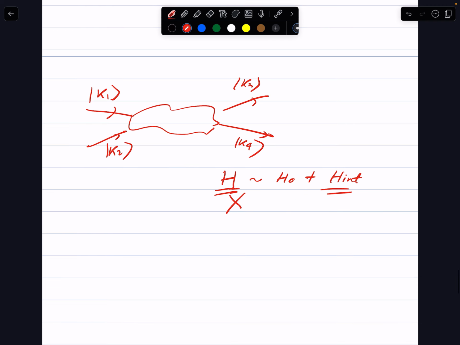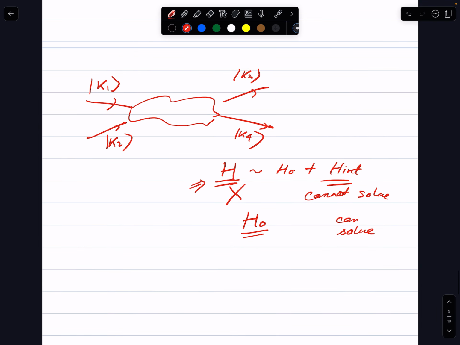So what we can solve is eigenstates of the free Hamiltonian. This we can solve. This we cannot solve. But we realize that we don't need to solve this.